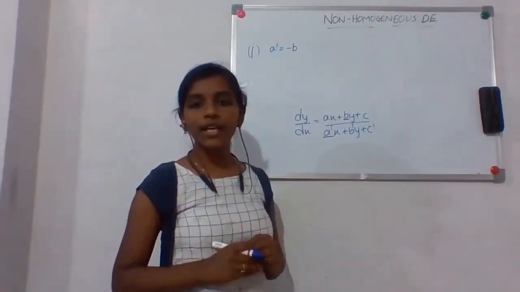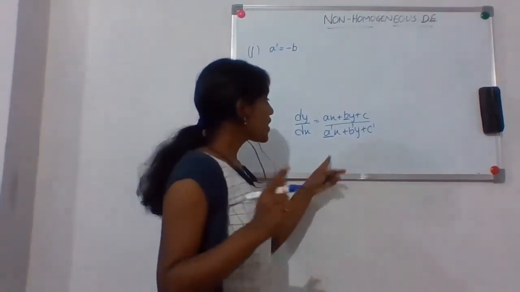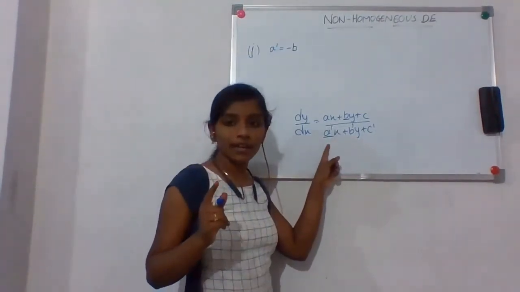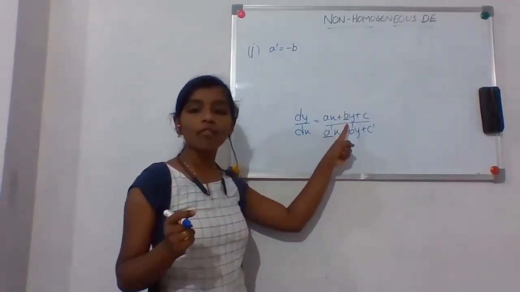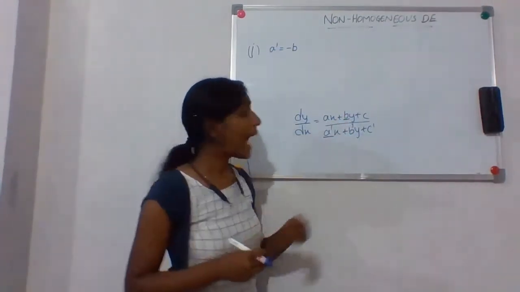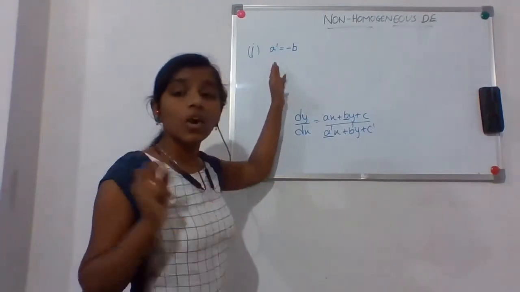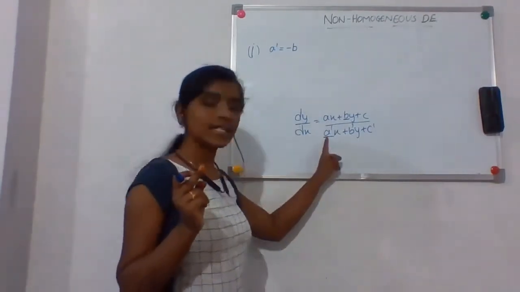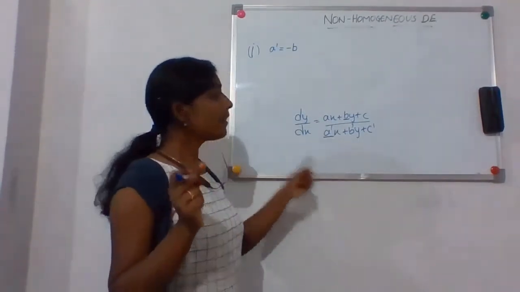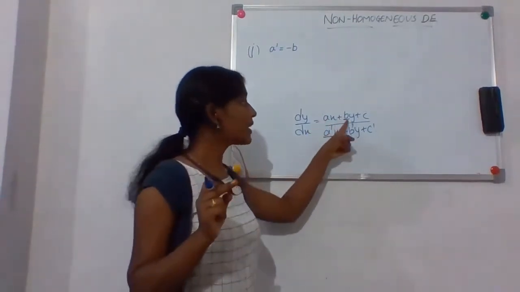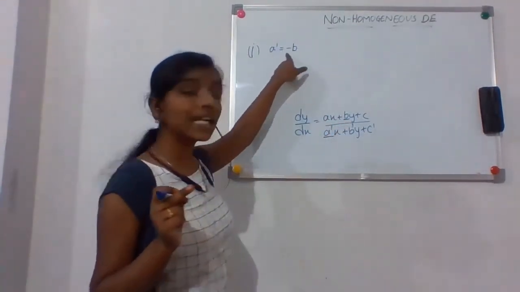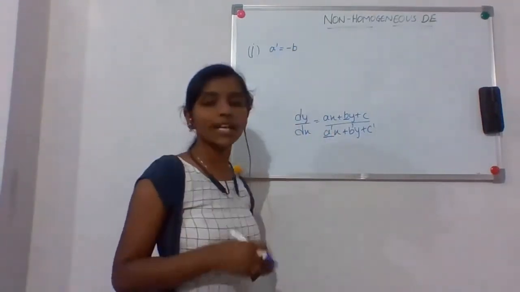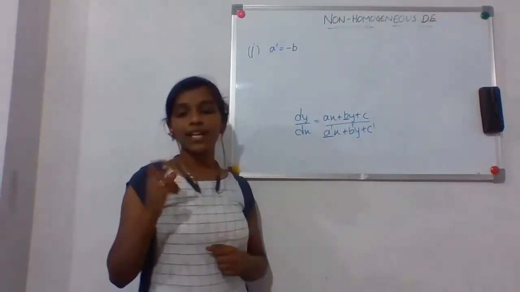Did you understand it clearly? The coefficient of x in the denominator is equal to the negative of the coefficient of y in the numerator. I have written it very clearly. The coefficient of x in the denominator here is a dash, right? And the coefficient of y in the numerator is b. So a dash is equal to minus b. That is the first case.